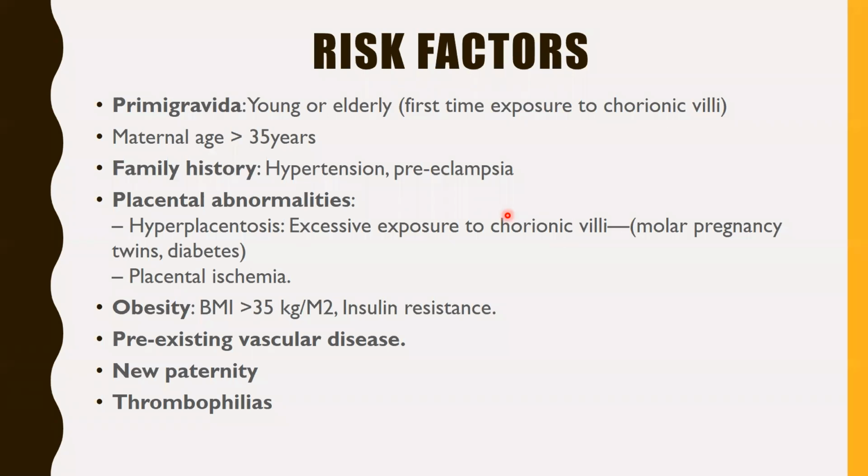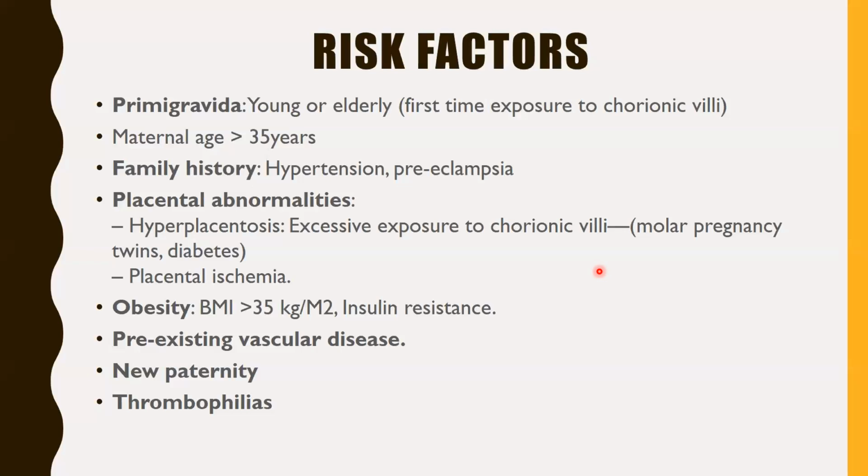Another thing is that when someone has a pre-existing vascular disease, they may develop preeclampsia or eclampsia. And then new paternity. This is where someone has a new husband, or is impregnated by someone other than the person who impregnated her the first time.